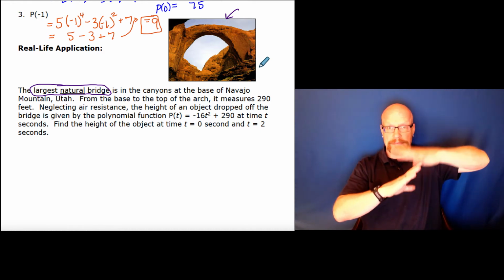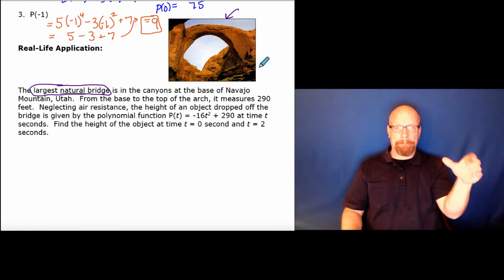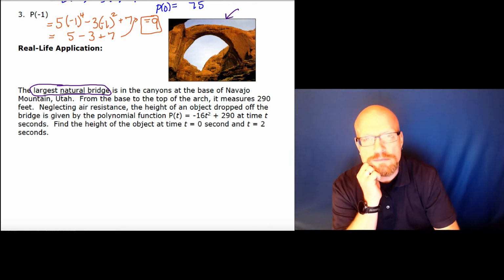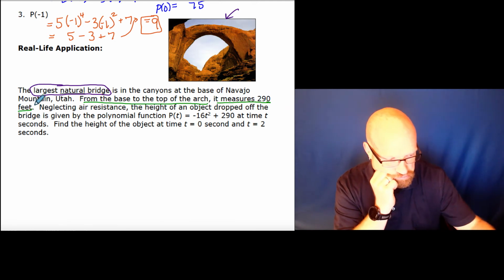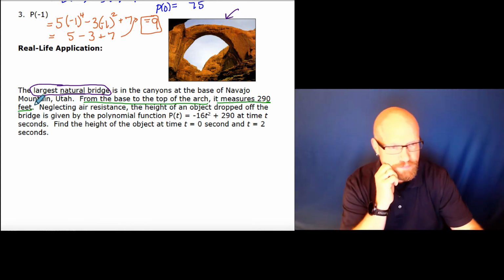Now, if I were standing on top of the arch, from the top to the floor, you would say it's 290 feet from the top to the bottom.